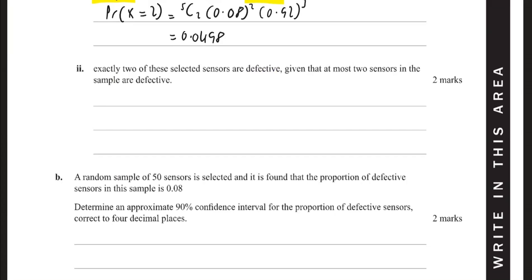Moving on to conditional probability, as we can tell by the word given. So Pr(X = 2), given that X is less than or equal to 2, which is this.